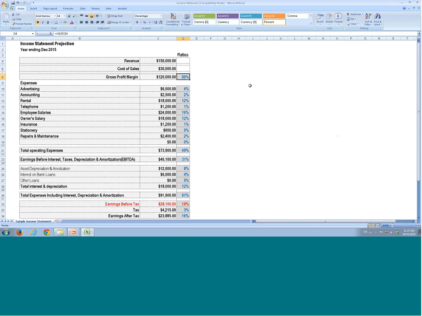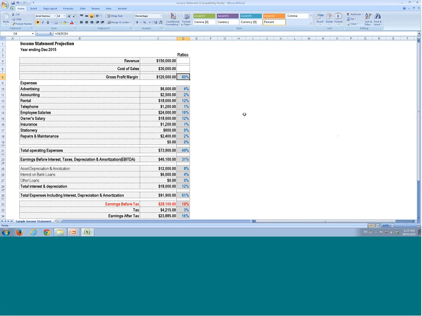And these percentages are calculated by taking your gross profit, in this case, of $120,000 and dividing by the revenue. This ratio over here on the right-hand side is calculated by taking your advertising of $6,000 and dividing by your revenue. So these percentages are what we call ratios or benchmarks, and they're very important for you to analyze.